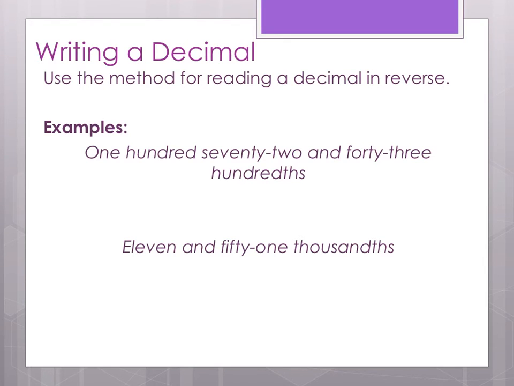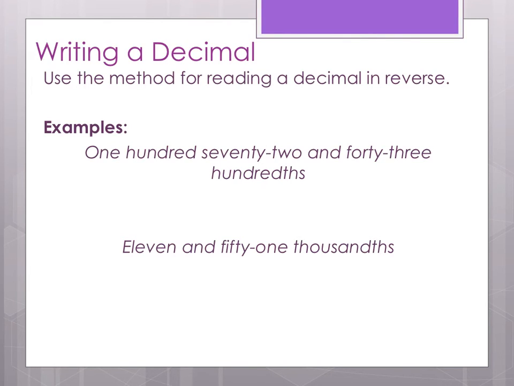To write a decimal, we use the same method for reading a decimal, but in reverse. So we're going to write the whole number part first, then where we see the word and, that's where a decimal point goes, and then we'll write the decimal part, making sure to end in the proper place. So this first example, 172 and 43 hundredths.